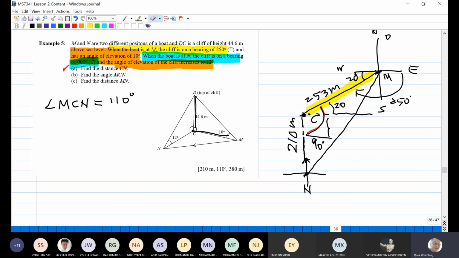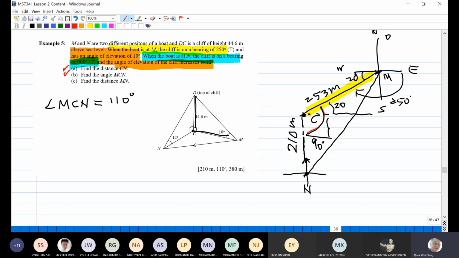The second part is finished already. The last part, I want to find out what MN is. I can use the cosine law or the sine law, up to you. Can I use the sine law here?